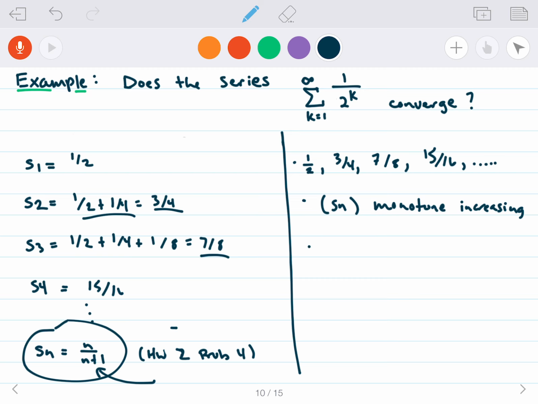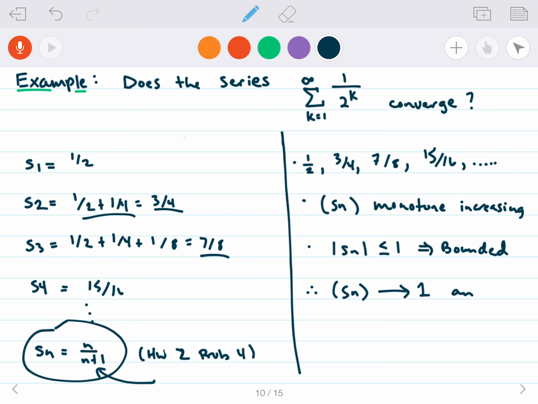And by this homework problem that we did, we saw that the supremum was 1. And so we have that S sub n is less than or equal to 1. So it's bounded above by 1. And the monotone convergence theorem said that if it's bounded and monotone increasing, that sequence is going to converge to the supremum, which is 1. And therefore, S sub n is going to converge to 1.